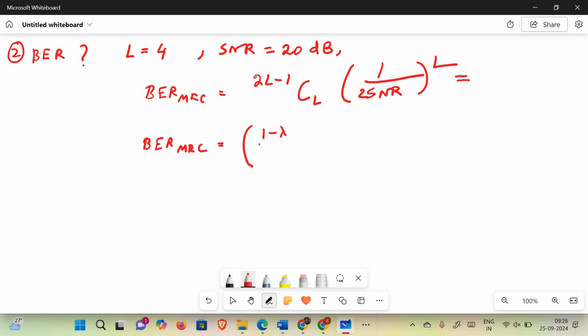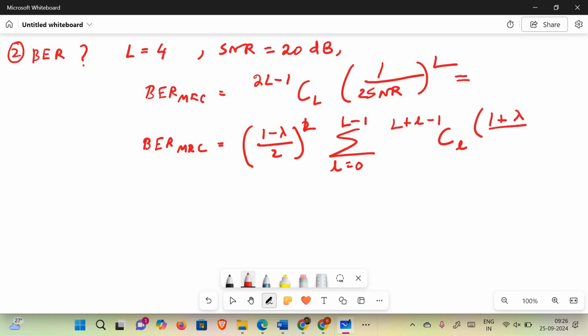So (1 minus delta by 2) whole to the power L, summation l equals 0 to L minus 1, (L plus l minus 1) C of l, (1 plus sigma by 2) to the power l.